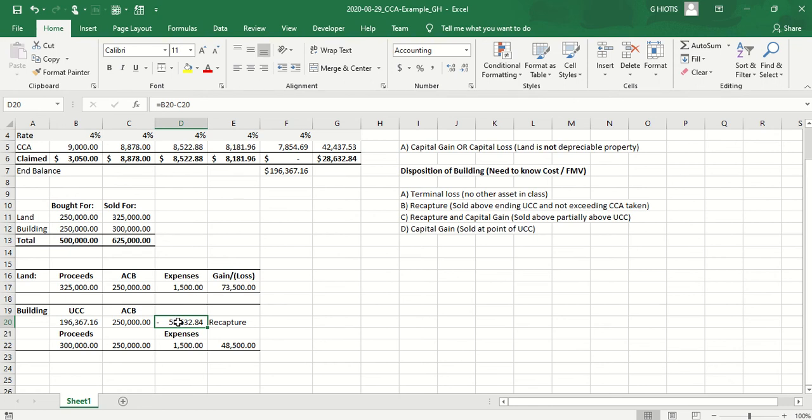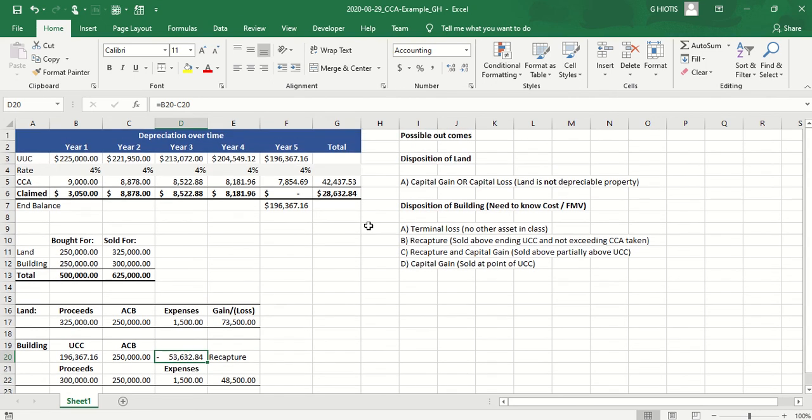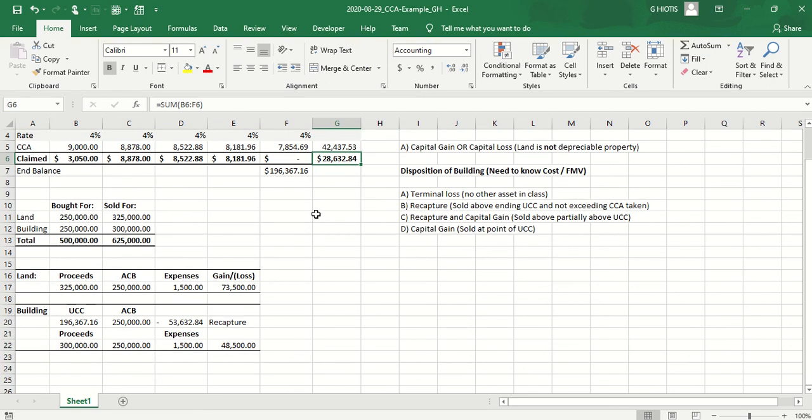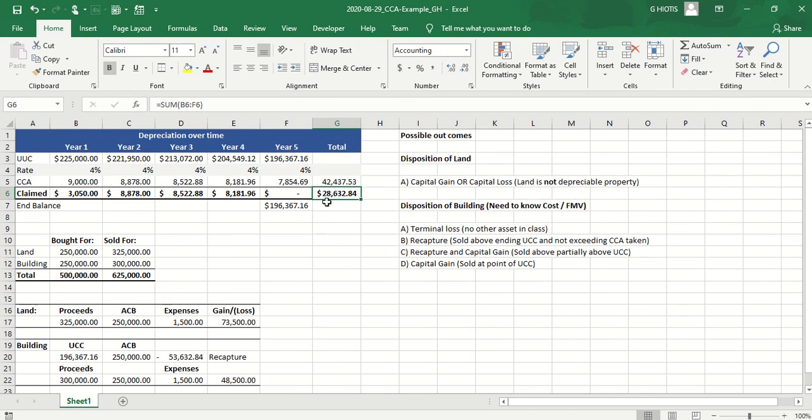That's money I deducted from my rental income to bring it to zero over the course of the time that I owned it. I know I don't have the exact total here, and that's because I started at a staggered year in the course of ownership. So I'll explain how I got these numbers down here.